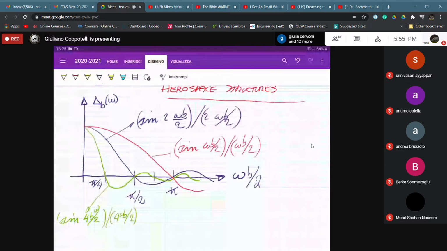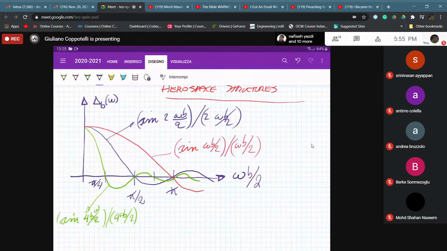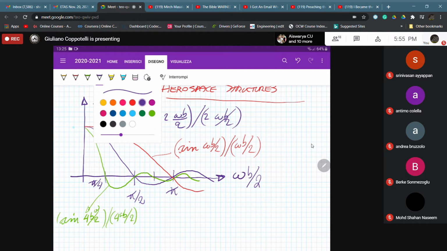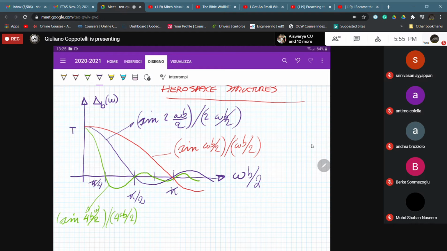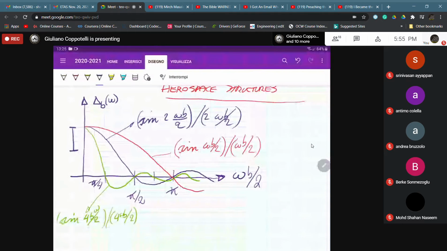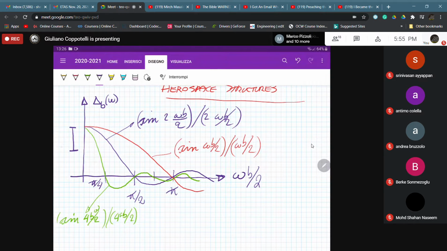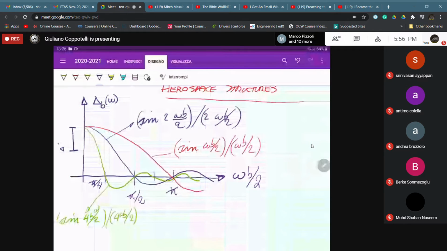What does it mean? It means that you have to decide what is the reduction of the amplitude of vibration that you can accept in your analysis. That is, you have to check that your reduction here is the one that you are expecting, the one that you are accepting. Okay, so that is attenuation.